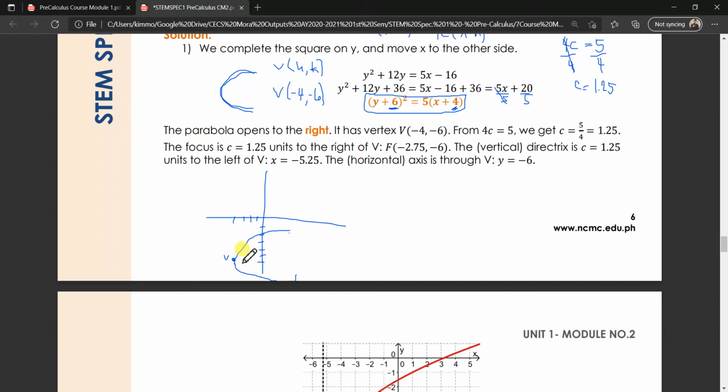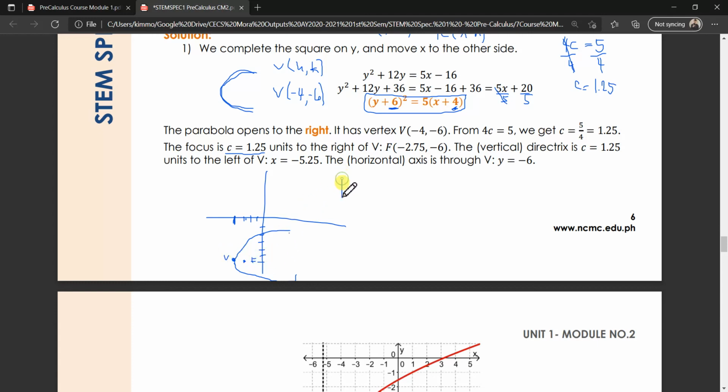Then that is the coordinate of our focus. Our c, again, remember, is equal to 1.25. Meaning, from our vertex, we count 1 and 0.25. So here is where the focus is located. It should be in line with the vertex, meaning our focus has the same y coordinate as V, right?